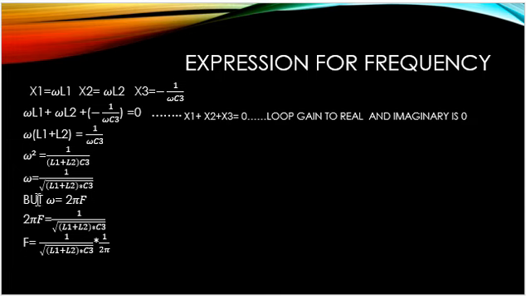But as we know, omega is also 2 pi f, and we need to derive the expression for the frequency. So f stays over here and 2 pi is shifted downwards. The expression will be 1 upon 2 pi root of (L1 plus L2) multiplied by C3, and that is the expression of the frequency.